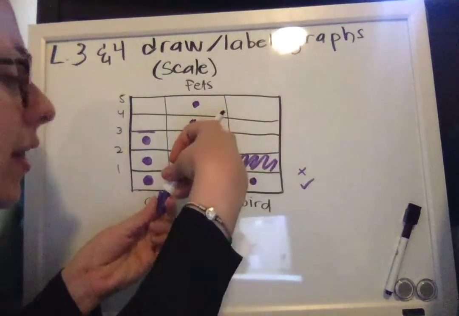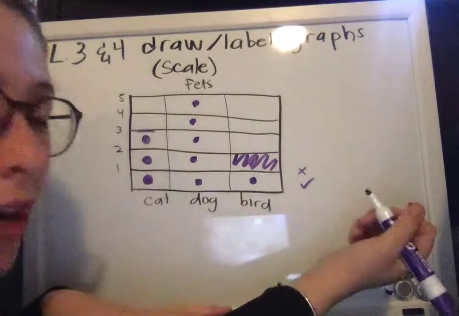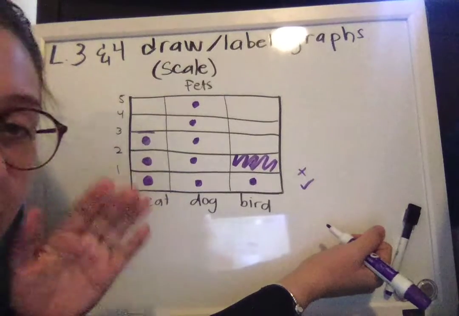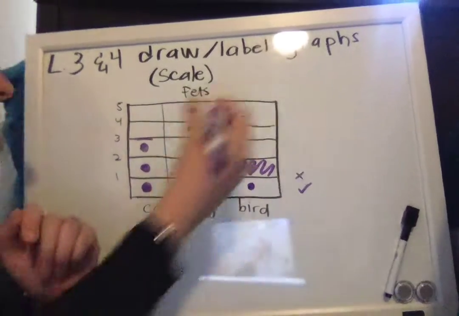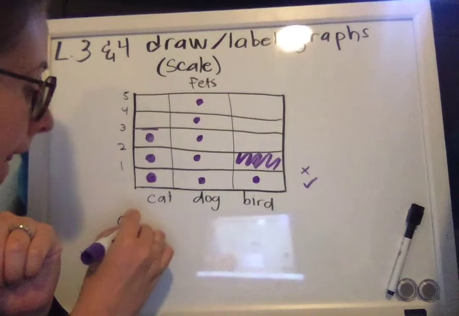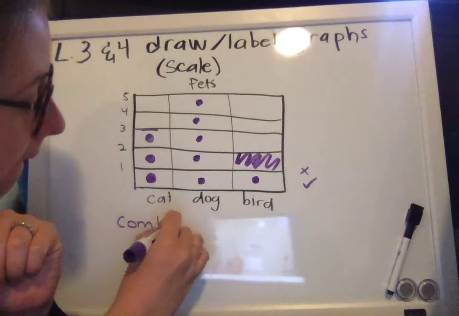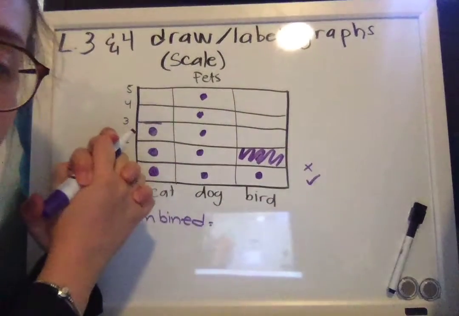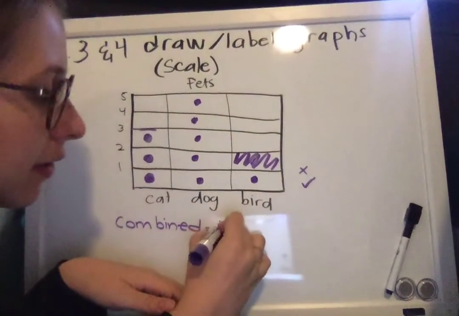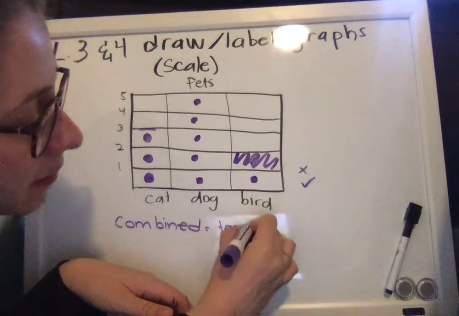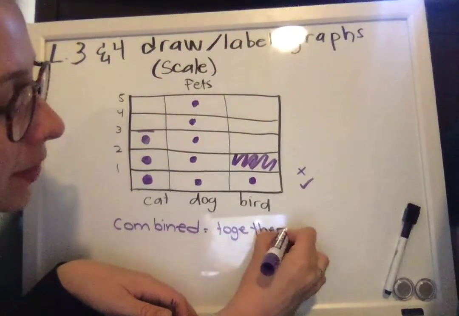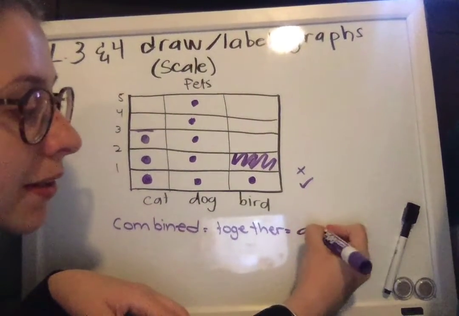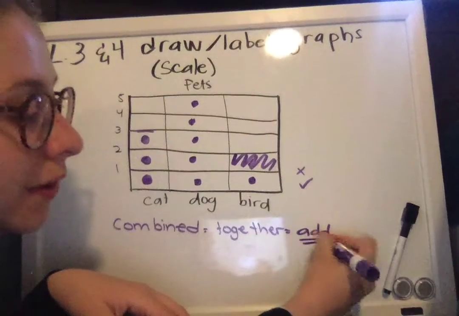Very easy. Last time we were doing a lot of subtraction also with our graphs. For lesson 3 and 4, I've seen that they use the word combined. If you think of the word combine, when you combine things, you're putting them together, okay? When we combine, we put them together. And when we say all together, you should all know that it means add, okay?